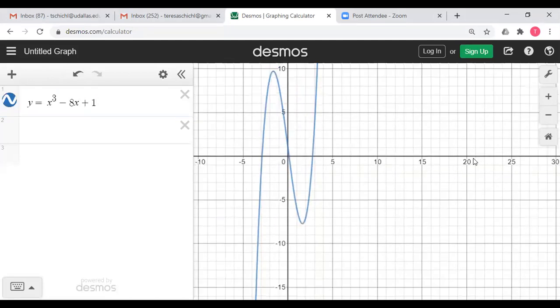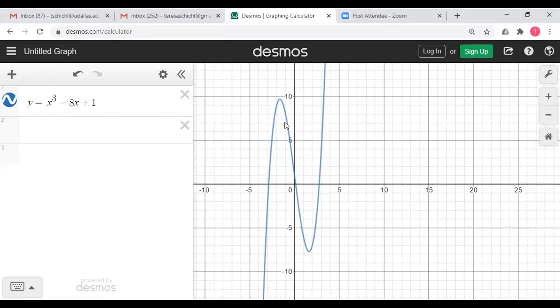Take a look here. Remember, it's the turning point. Here is a turning point, x equal to negative 1.633, and y is 9.709. Is this a local max or local min?